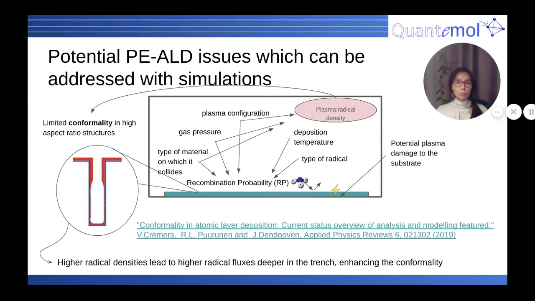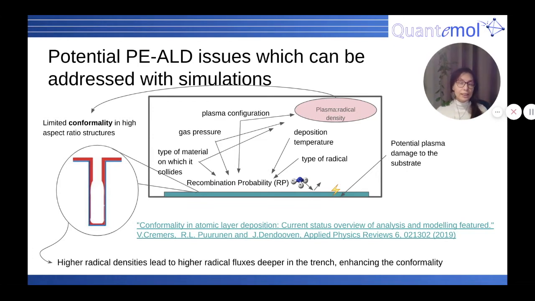This problem can be expressed as recombination probability. The recombination probability depends not only on the type of radical and the type of material with which it's colliding, but it is also very much connected with gas pressure, plasma configuration, and deposition temperature, so various factors. Nonetheless, there is a correlation that higher radical densities will lead to radicals penetrating deeper in the trench and enhancing the conformality.